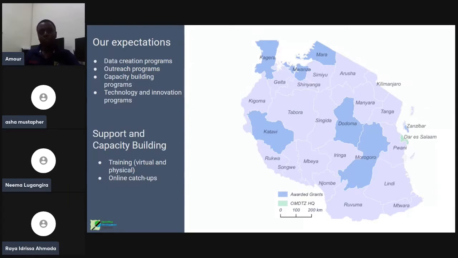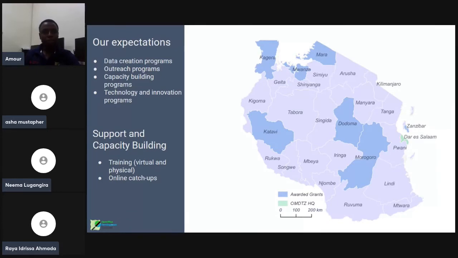And the expectation of these community organizations is to have data creation programs. So they will have different programs in collecting data, creating datasets for decision making or for advocacy in their area of interest, and also outreach programs to different stakeholders who they can support in utilizing this data, and also capacity building programs.